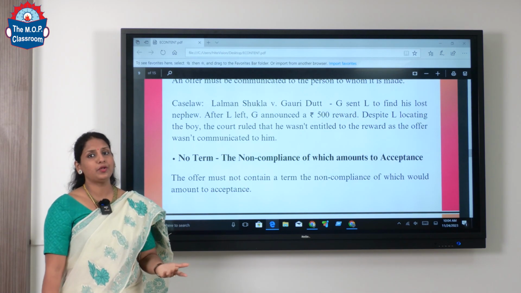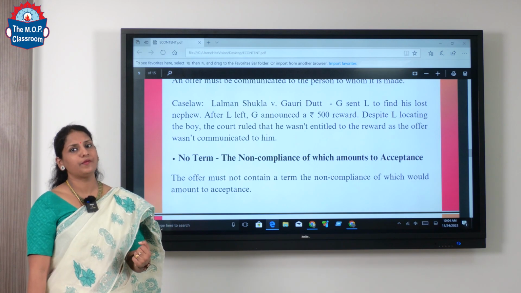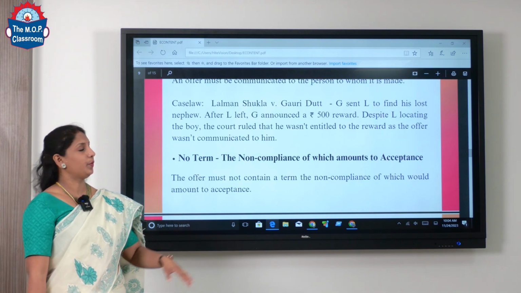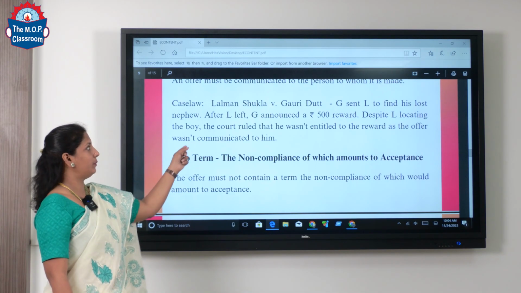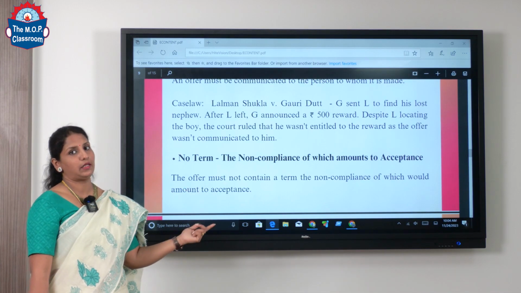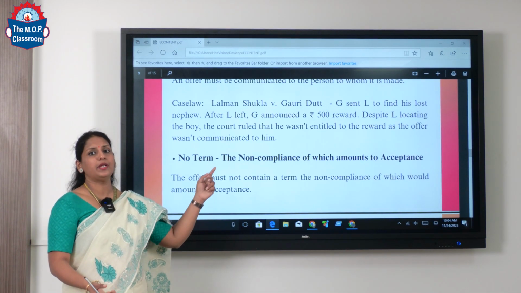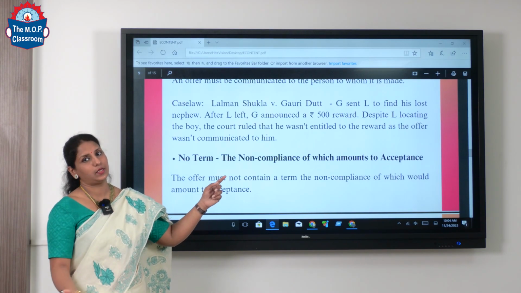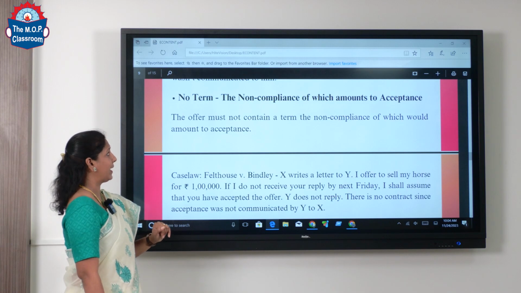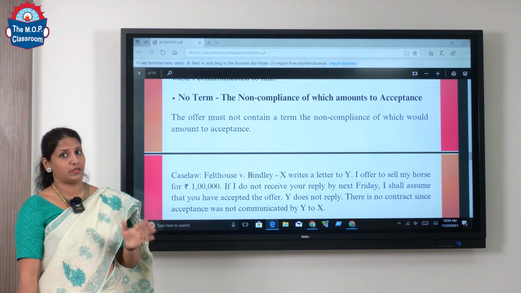So when he is not at all aware of the offer, Lalman is not eligible to take that reward of 500, and the judge gave the judgment against Lalman and for Gauri Dutt, because Lalman was not aware of the offer itself, and there is no statement here of Lalman knowing the offer and accepting it. Next, no term the non-compliance of which amounts to acceptance. So there should not be any kind of non-compliance in the statement.